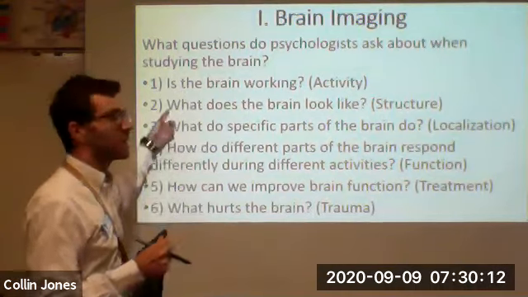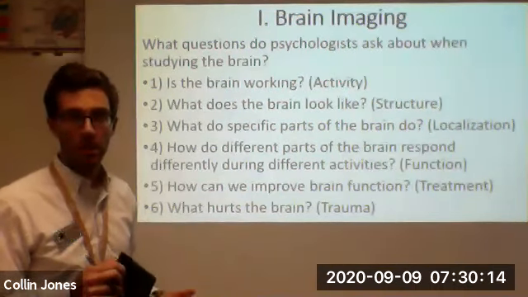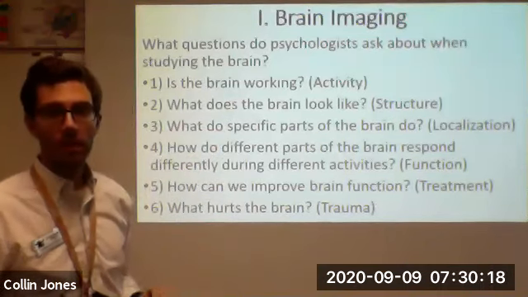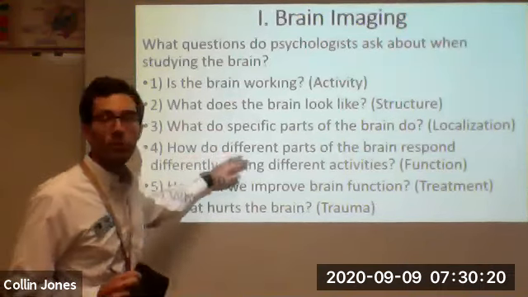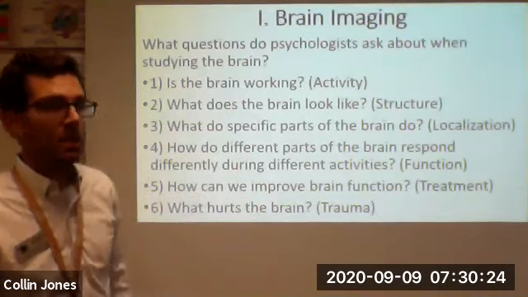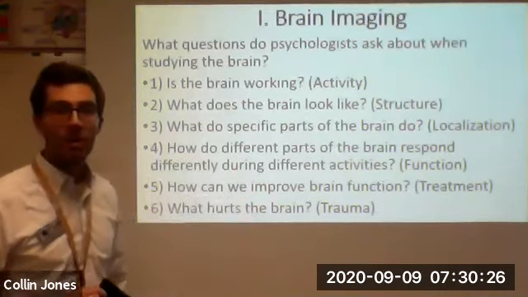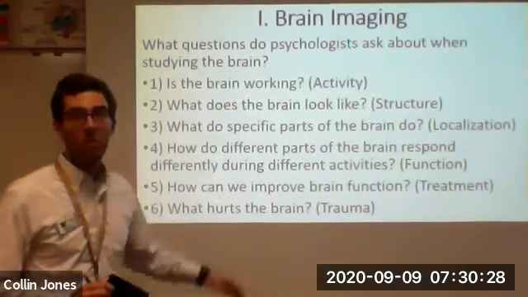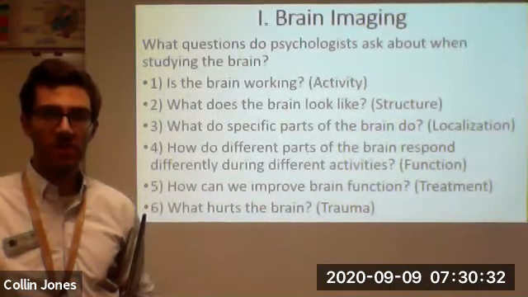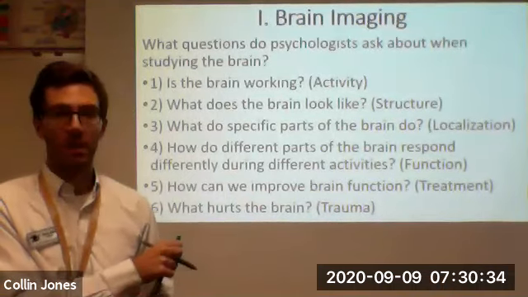Number 2, what does the brain look like? Number 3, what do specific parts of the brain do? Number 4, how do different parts of the brain respond differently during different activities? Number 5, how can we make the brain better? And number 6, what makes the brain worse?